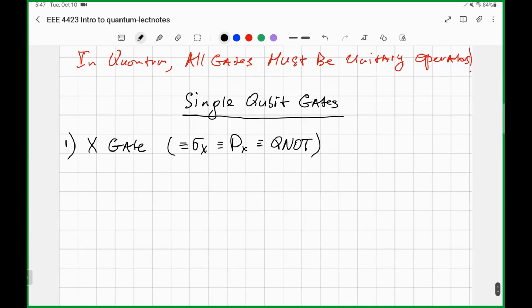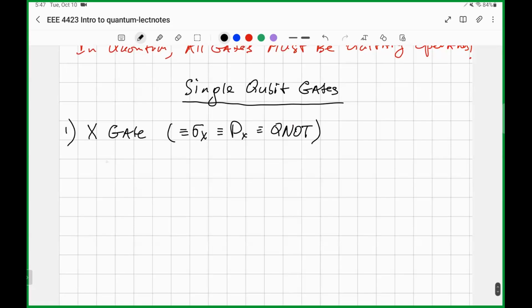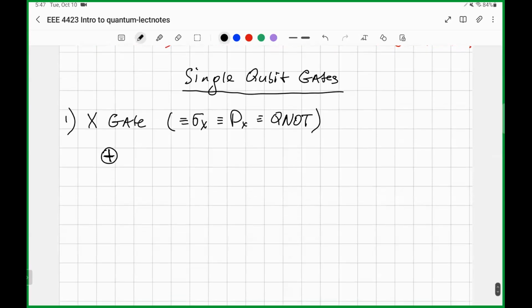So in IBM Quantum, it's represented by this circle plus gate.